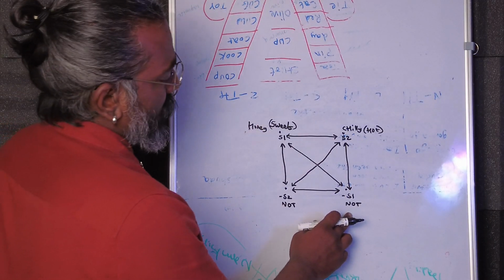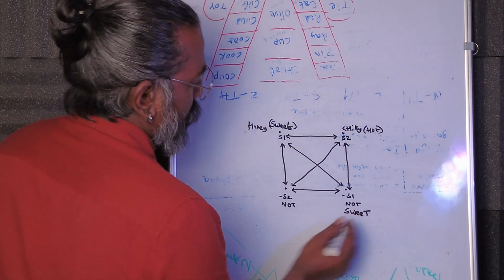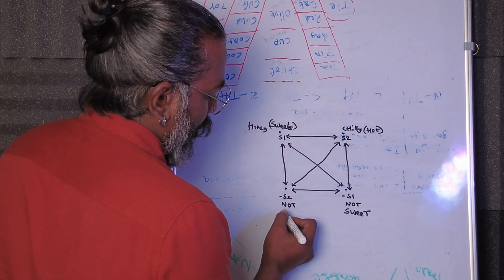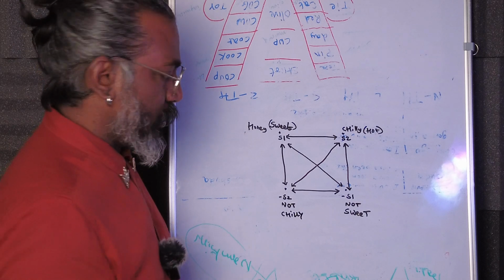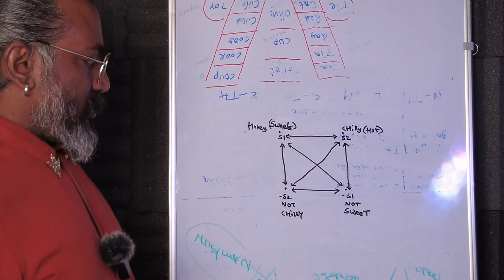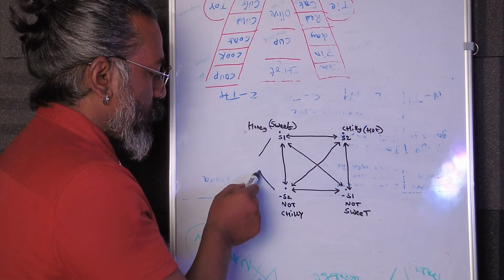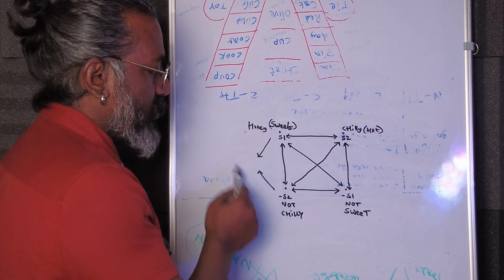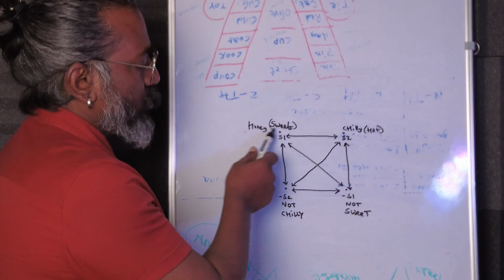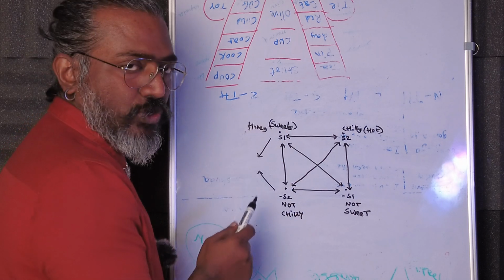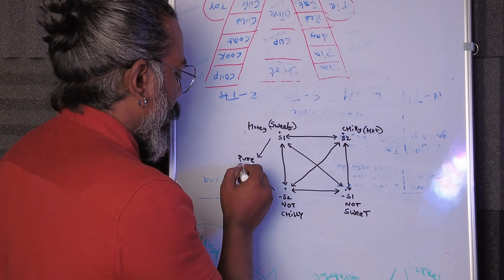Now this is basically not sweet. This is not chili. I hope you all can see, not chili. So now we know that whatever comes in this side of the zone, your left side of the zone, basically talks about sweet, not chili, means the pure sweet.